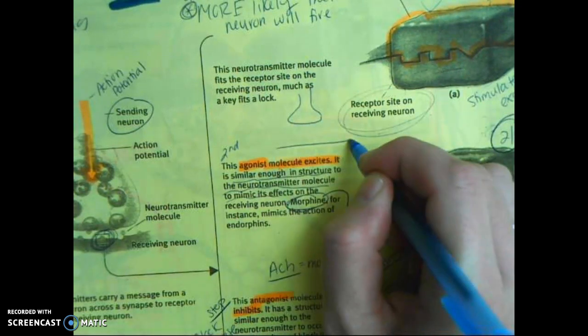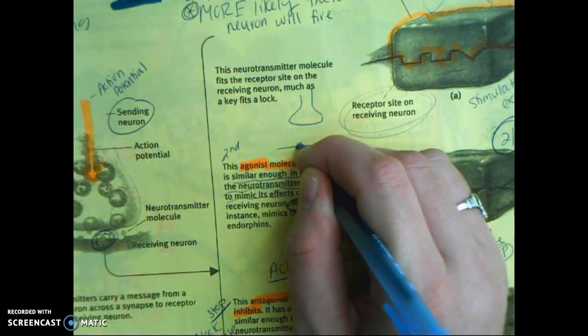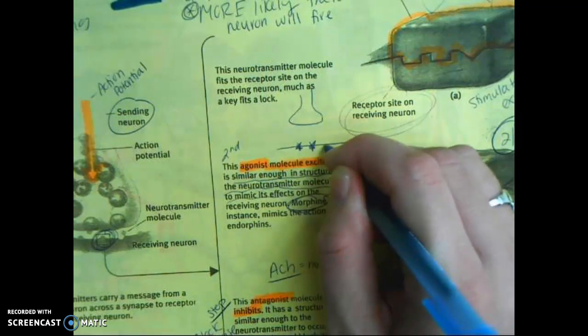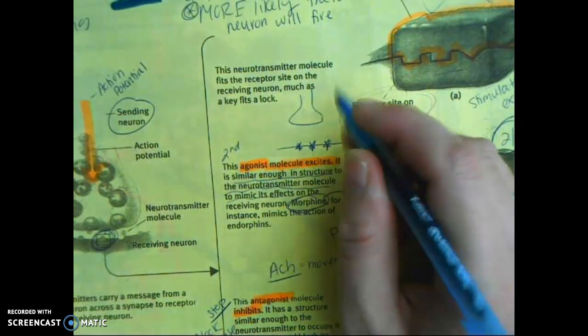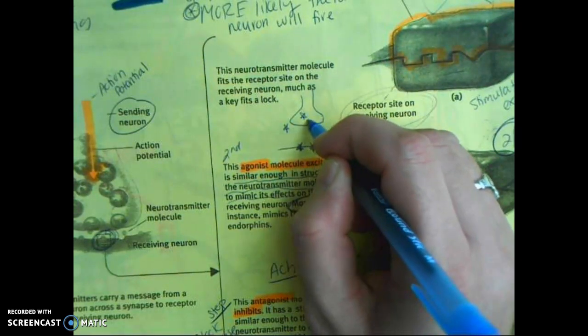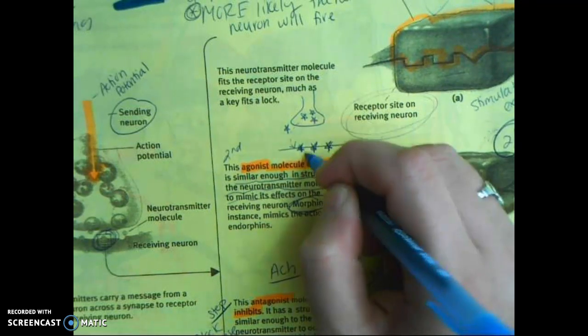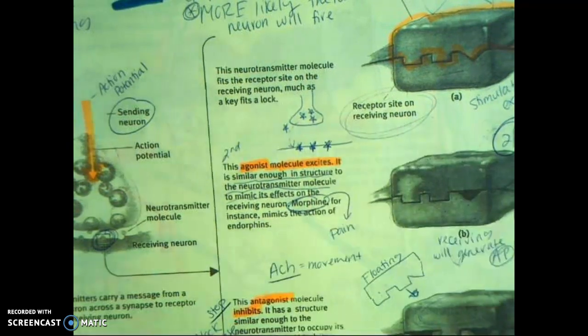This is my receiving neuron. Okay. And let's say it's meant to be a spot for the neurotransmitter. We'll say the shape is a star. Okay. So those are the receiving sites. So stars are supposed to be released from your terminal button, and they're supposed to float down the receiving neuron, latch, and go through reuptake back in.